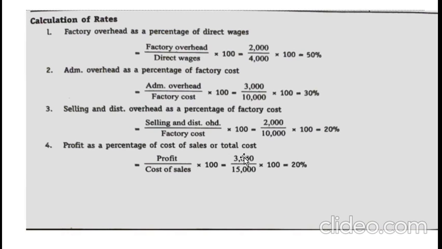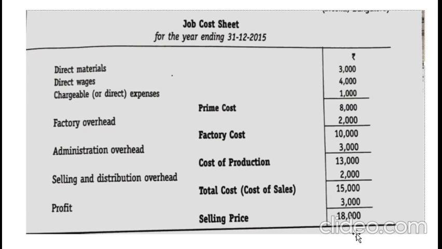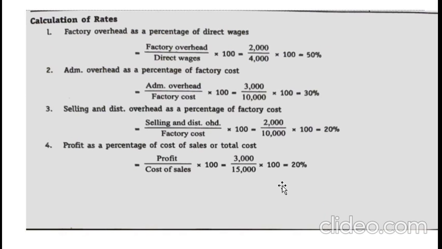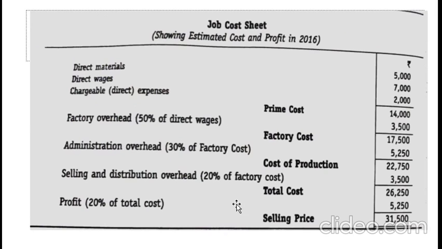So your profit is 3,000. Your cost for the previous data is how much? 15,000. 3,000 divided by 15,000 into 100 will give you 20%. So this 20% will be used for the current year. As it is found out using the formula on cost, it is 20% on cost.